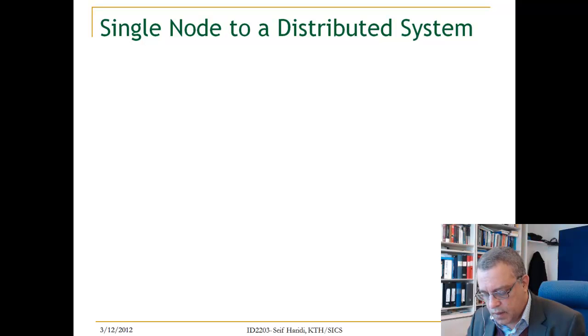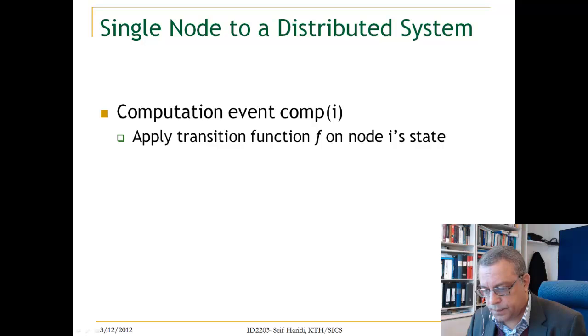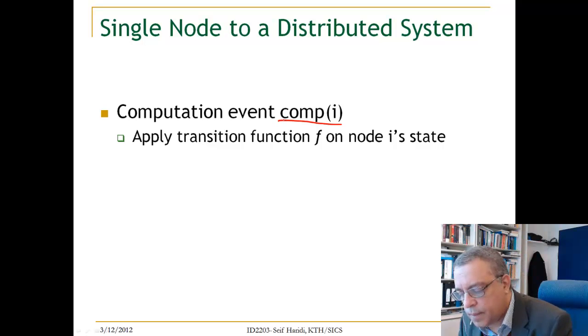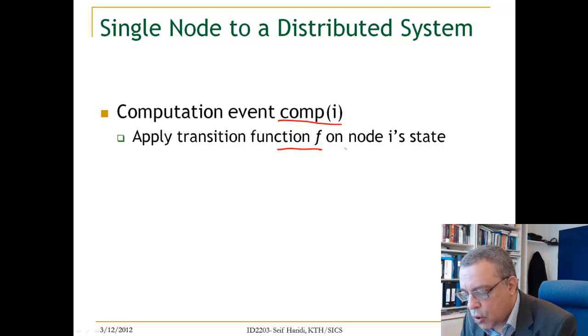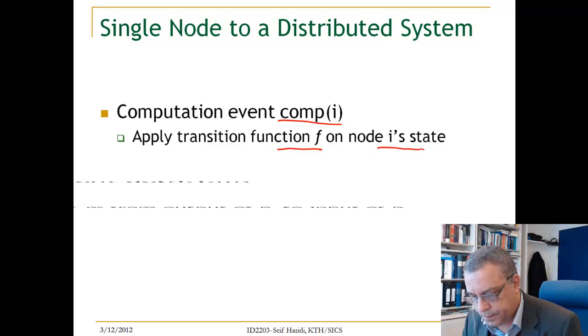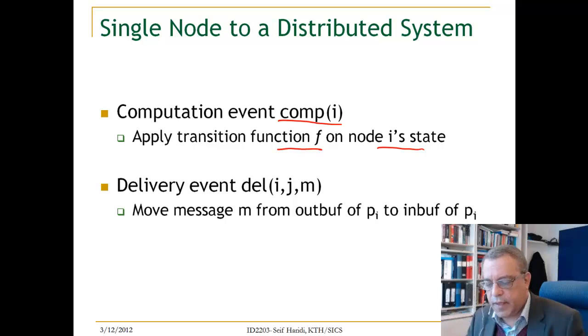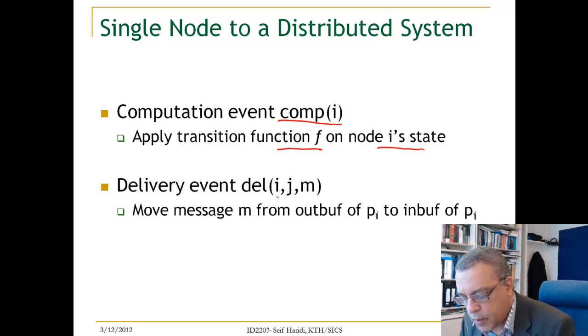So now, how do we do a computation event? We just apply the transition function f on the node i's state. And how do we do a delivery event? See the delivery event from node i to node j of message m.